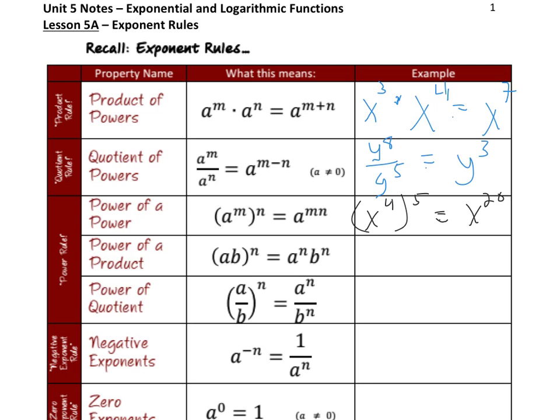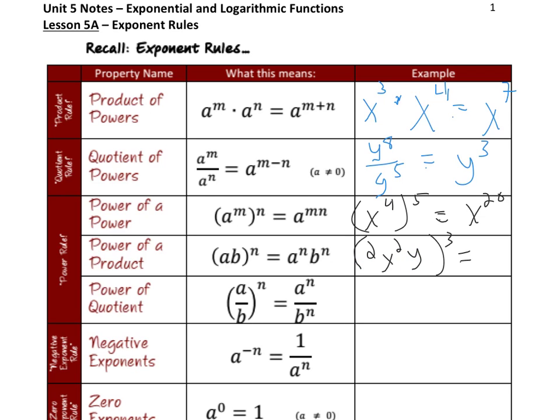With the power of a product, maybe I have 2 things inside the parentheses or more, and if it's more, then you'll send the exponent into each one. So if I had, for example, 2x squared y, and I was raising it to the third power, then pretty much what I would be doing is taking this exponent of 3 and sending it into each and every one of those bases.